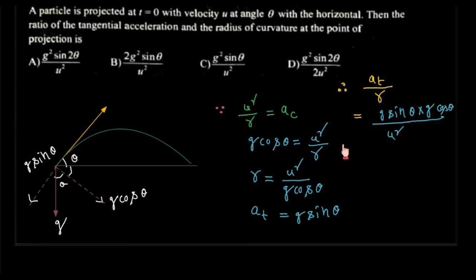Therefore that will be equal to g square sin theta cos theta by u square, and you can directly say that will be equal to g square sin 2 theta by 2u square.